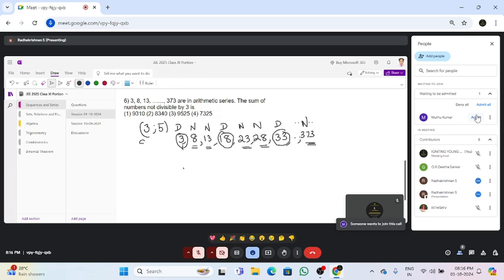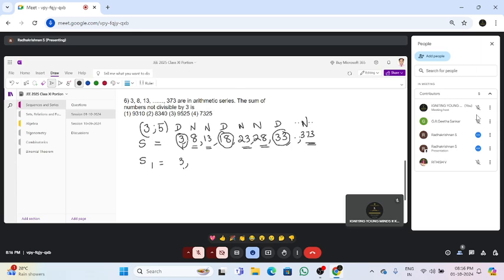Let us call it S. S1 is the sum of numbers divisible by 3 only. We don't know what the last term is; it will be less than 373.